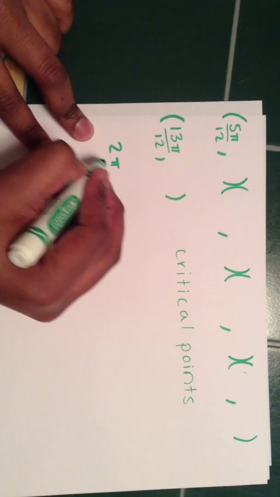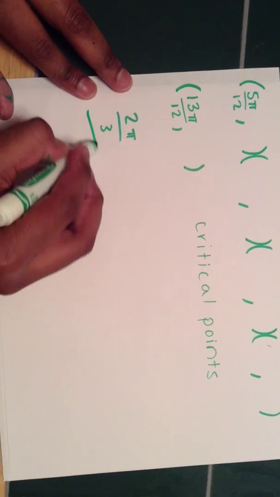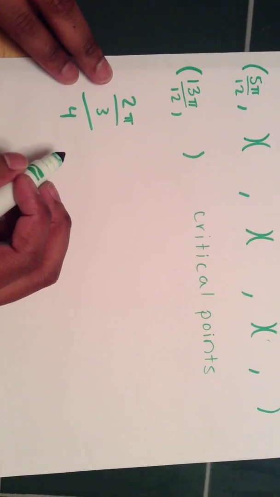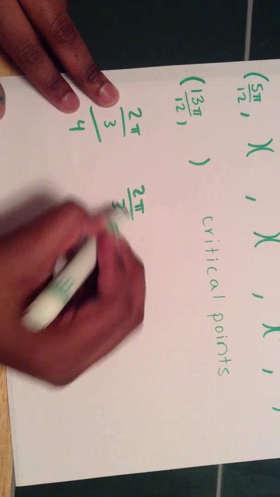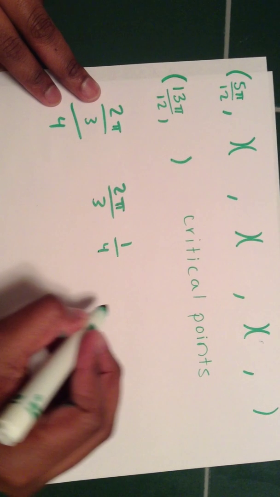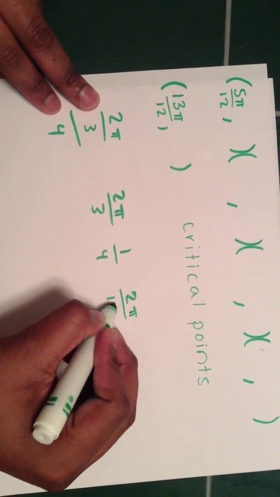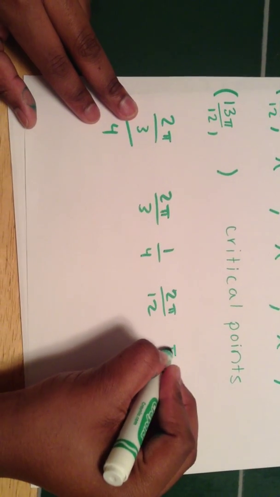The period is 2 pi over 3, and you would then have to divide that by 4. Okay, when dividing fractions, you have to take the reciprocal. So it will become 2 pi over 3 times 1 over 4, and that will come out to be 2 pi over 12. Okay? Which can be simplified to pi over 6.